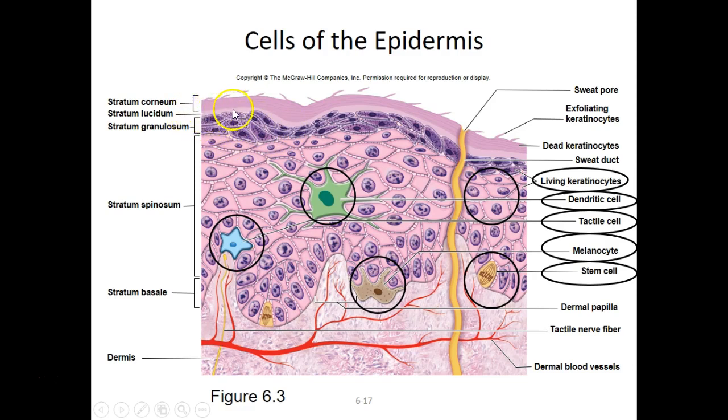In the stratum lucidum, we have this precursor to the keratin called eleidin that will fill the cell, and all these cells are going to be dead. And then in the stratum corneum, we have all dead skin cells as well. At the very top, you can see skin cells sloughing off. Our skin is constantly sloughing off, so we're always replacing skin with new cells.